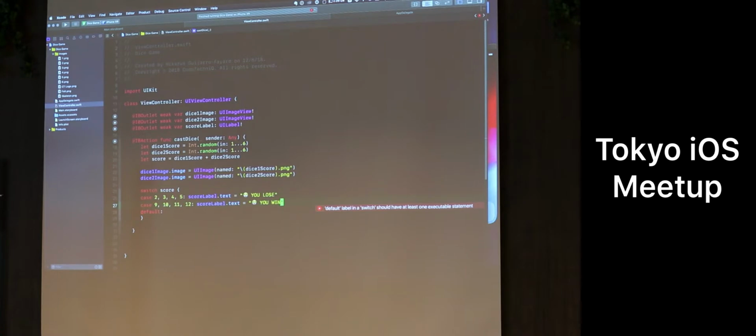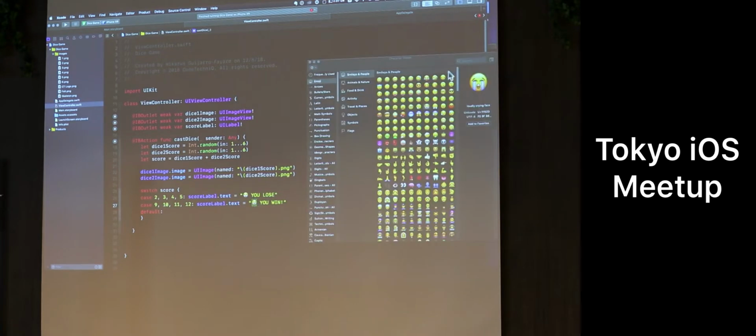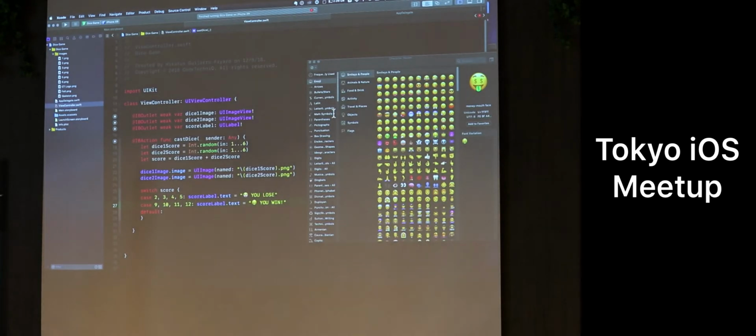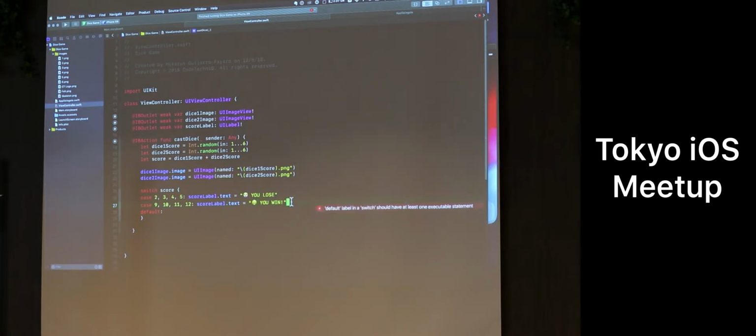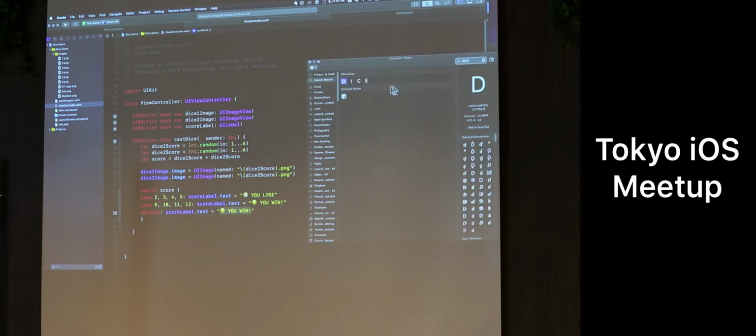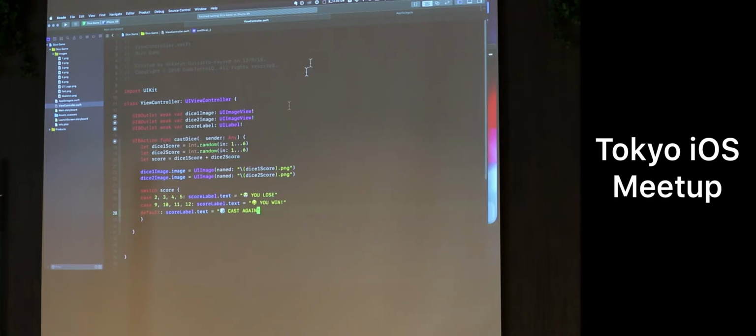You win. And then I'm going to replace this one by this other nice, I made some money, character. And then finally, if you get neither of those, you cast again. So again, dice icon, and then cast again. All right, let's see how this looks.